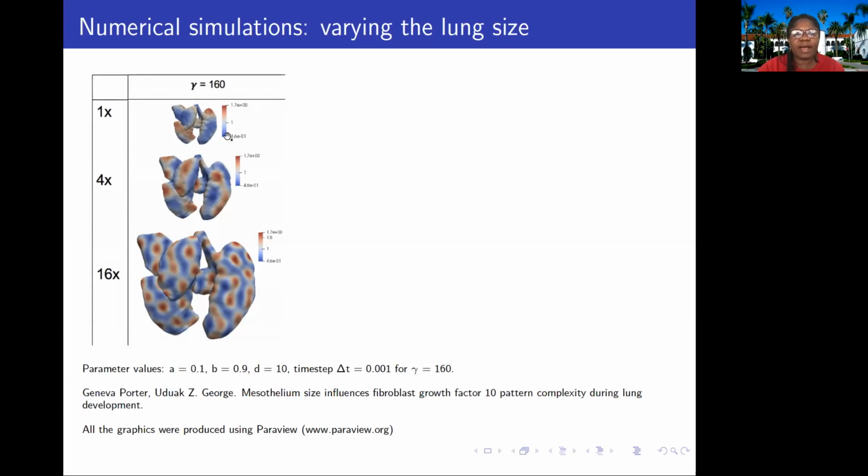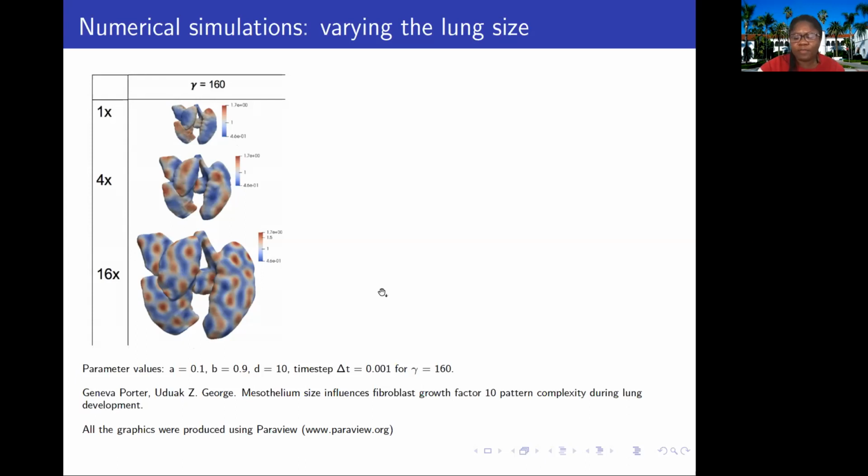So the scale bar that we have here: red represents high expression of FGF10, and blue represents low expression of FGF10. And all we've done here is to keep gamma constant at 160. The only thing that we have changed is the size of the geometry.